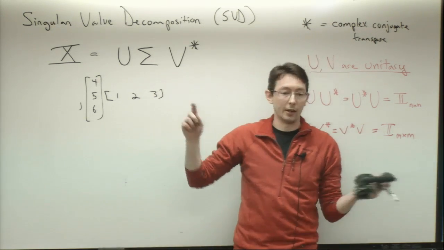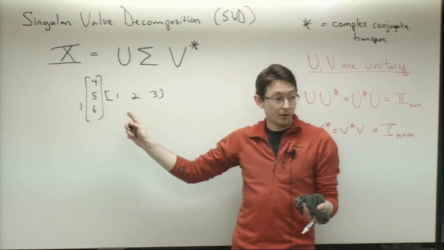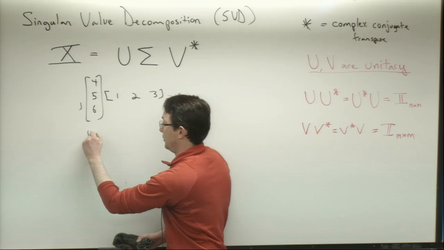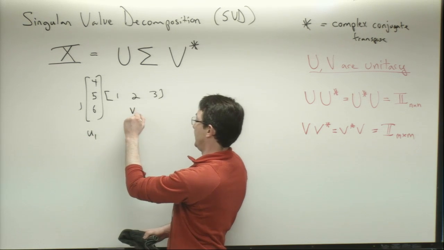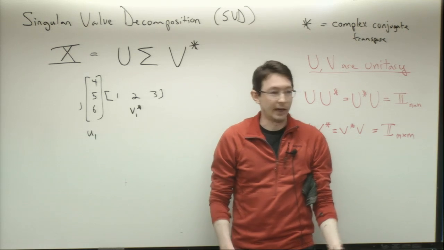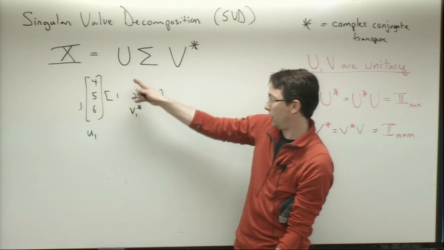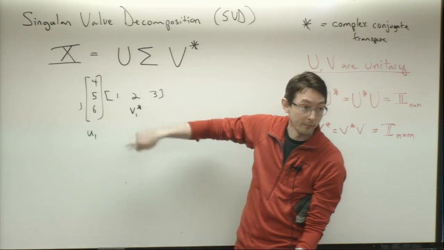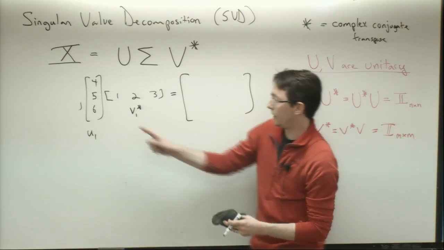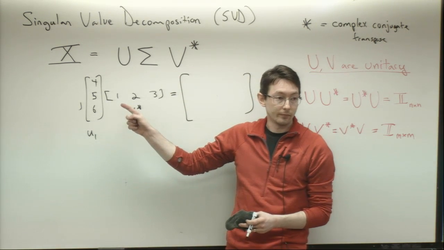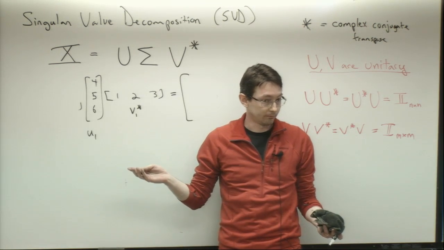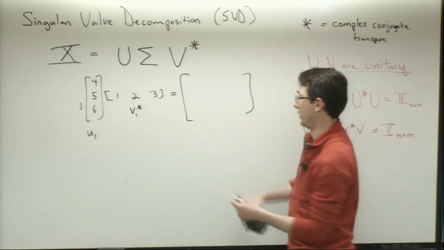The first one is called the inner product. This is called the outer product. Think of this as U1, and think of this as V1 star. If V1 is real valued, then I just take a column and turn it into a row. That's V1 star. It's going to be a 3 by 3 matrix, and these have the same inner dimension, both 1 on the inner.